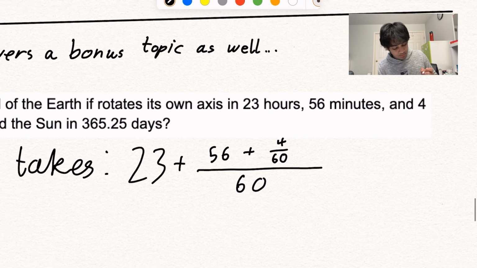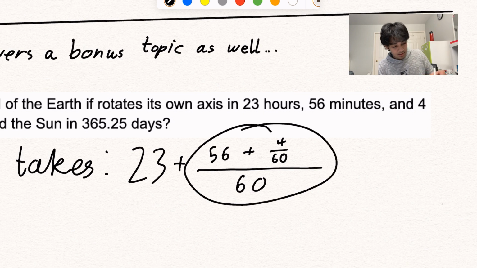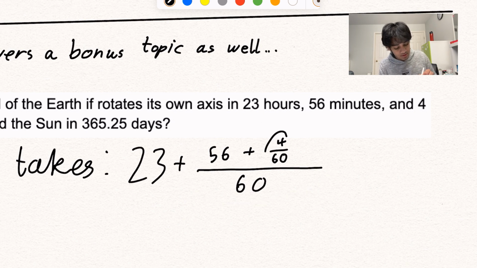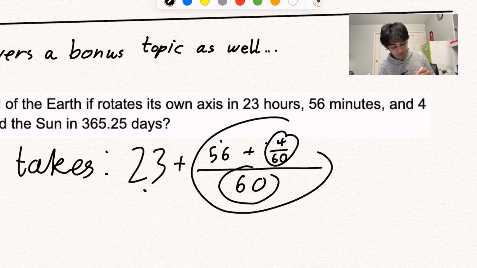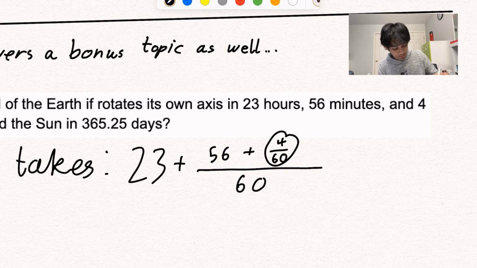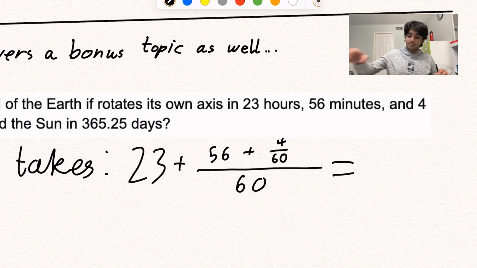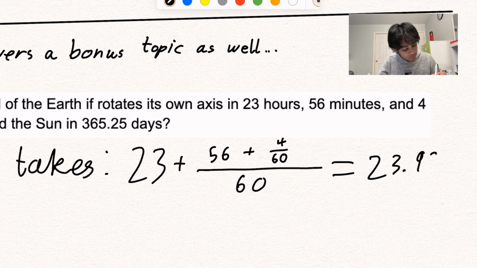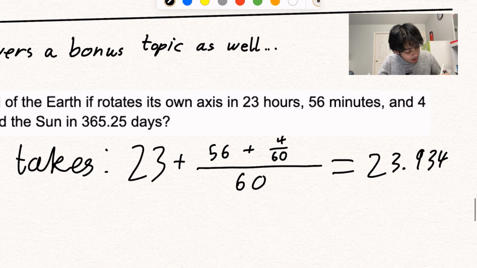Let's take a bit to think about why I wrote it like this. So this 60 converts this to minutes, so I can add minutes and minutes. This 60 converts the minutes into hours, so I can add hours and hours, right? From our calculator, we get 23.934 hours.